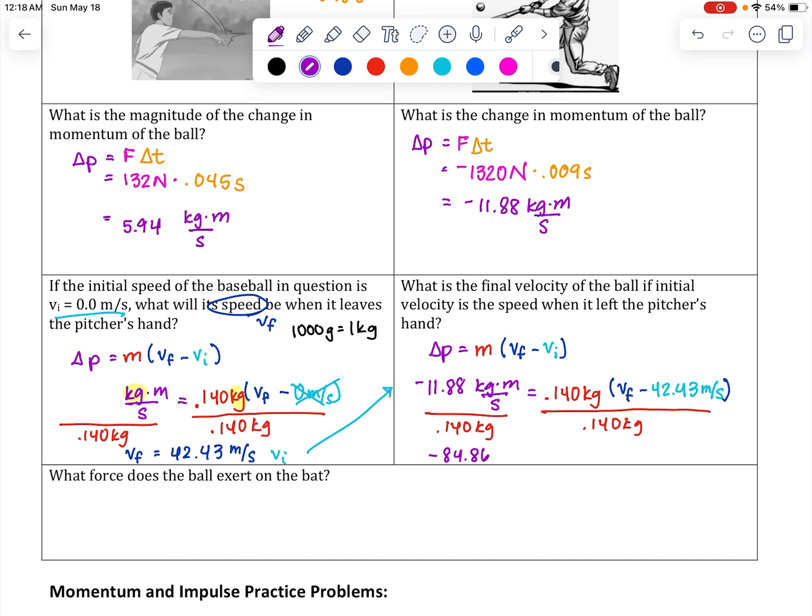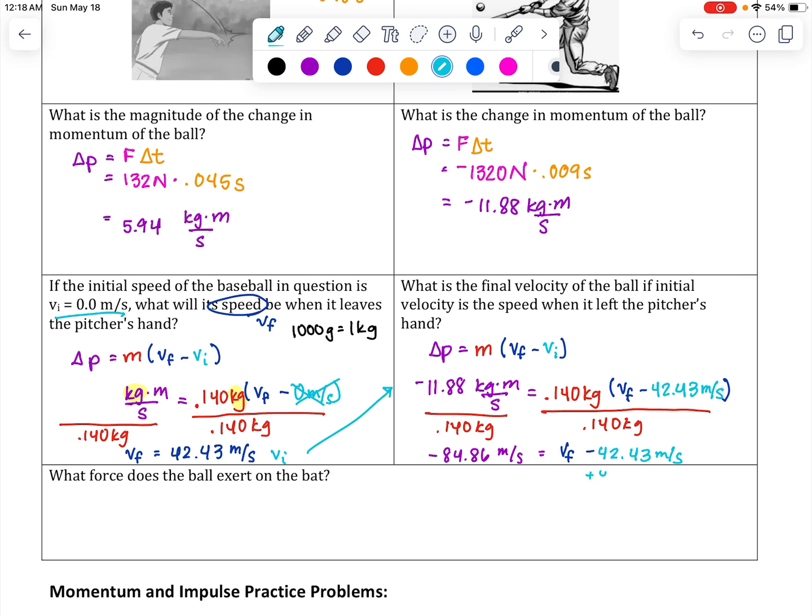And I end up with negative 84.86 meters per second is equal to VF minus 42.43 meters per second.